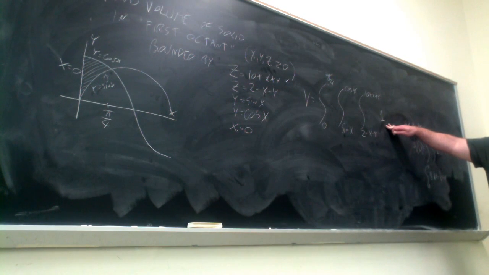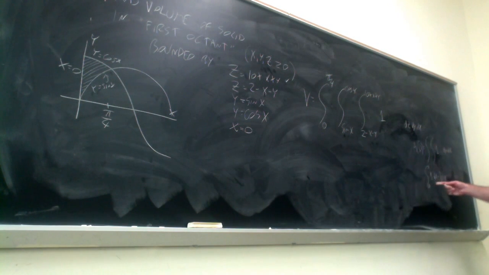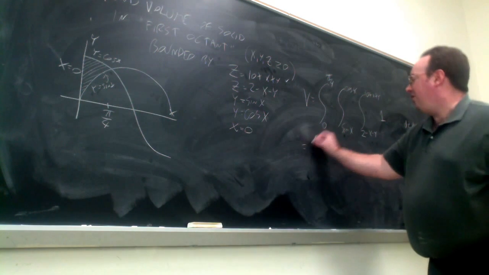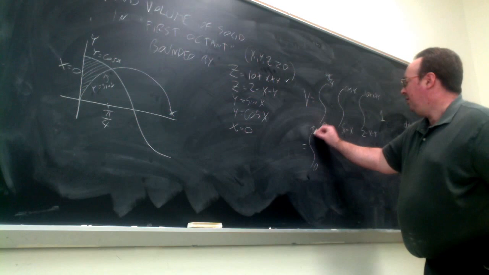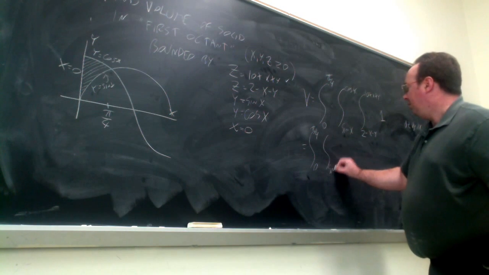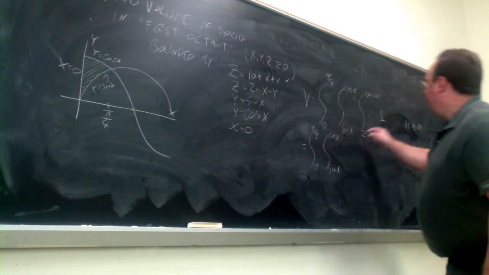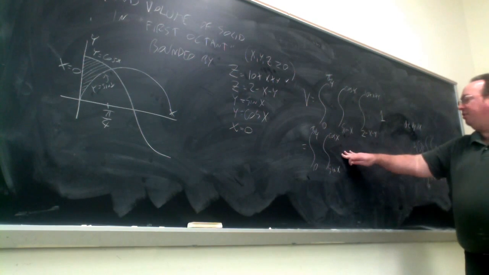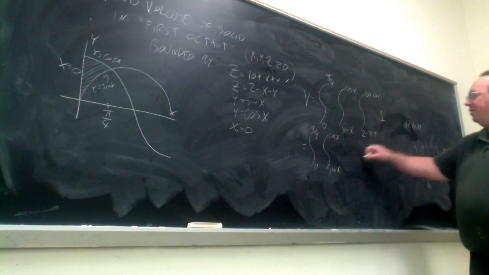But the thing is, that means your innermost integral is very easy, because when you're integrating 1, what's the value of the integral? It's the difference of the limits. So we can condense this right back to a double integral. And inside here, we're just going to have upper limit minus lower limit.